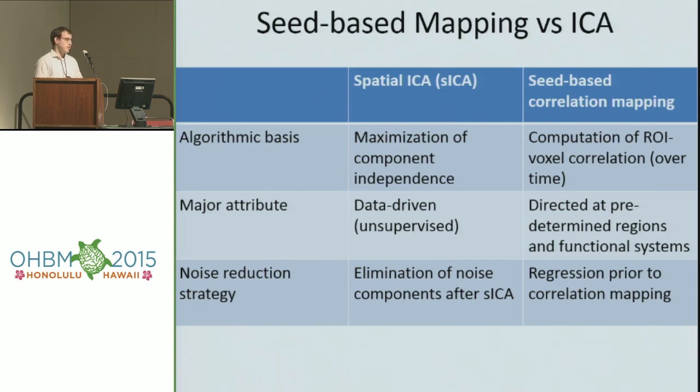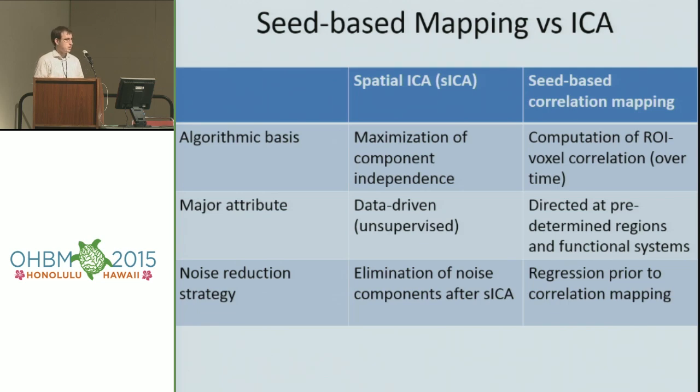So spatial ICA is data-driven in that it's basically completely unsupervised, aside from the metaparameters that you use to specify what kind of algorithm you're using and how many components you ask for. Seed-based correlation mapping, on the other hand, is very heavily biased by the location of your seed region, and for that reason, it can be used to interrogate specific regions and specific functional systems.